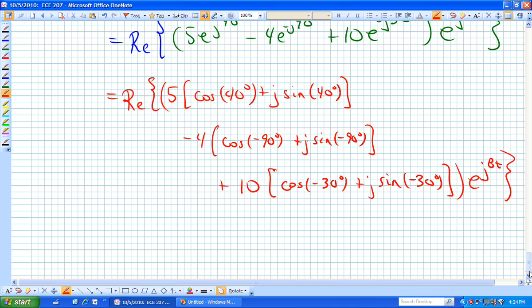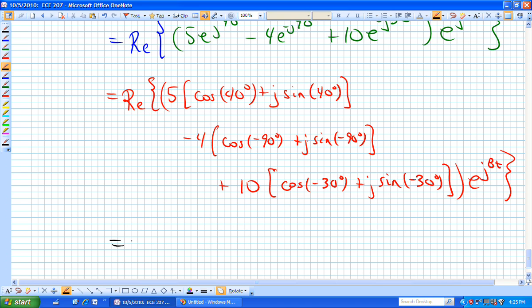Now I simply need to take those sines and cosines, convert those into numbers, keep the real parts together, and combine those with the imaginary parts, and that will give me a complex number that I can then turn into an exponential again and combine, and then pull it all out at the end.